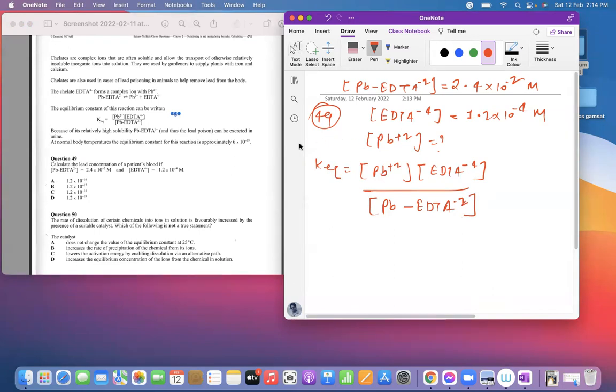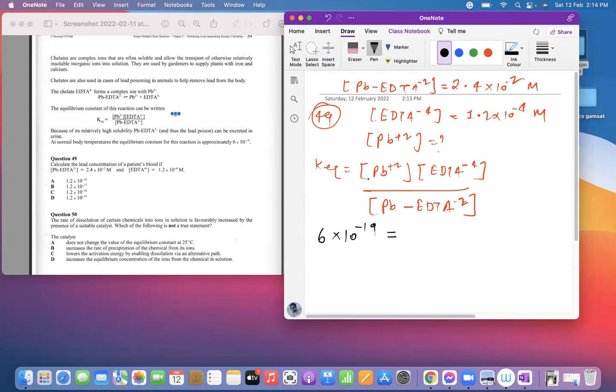So you have the equilibrium value here. You can read the very last line of information: at normal body temperature, the equilibrium constant for this reaction is 6 × 10^-19. So we have the value of K equilibrium, which is 6 × 10^-19.